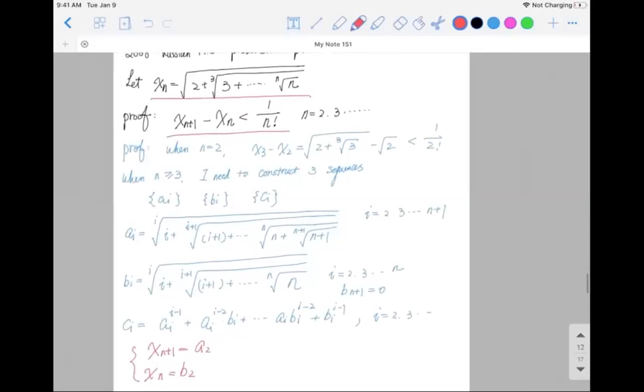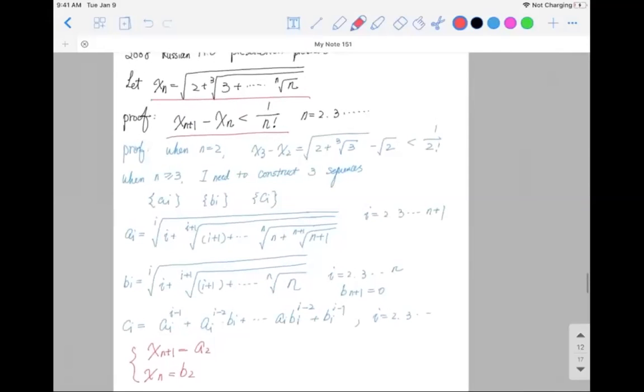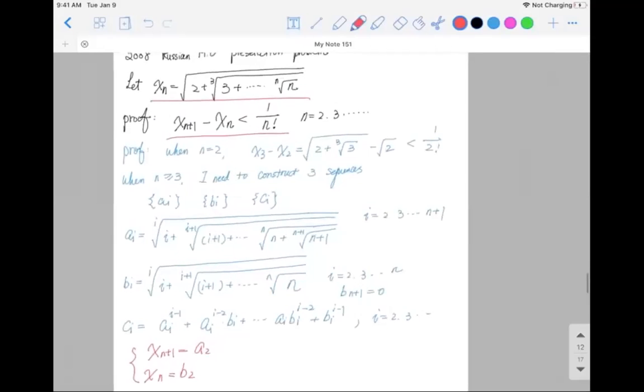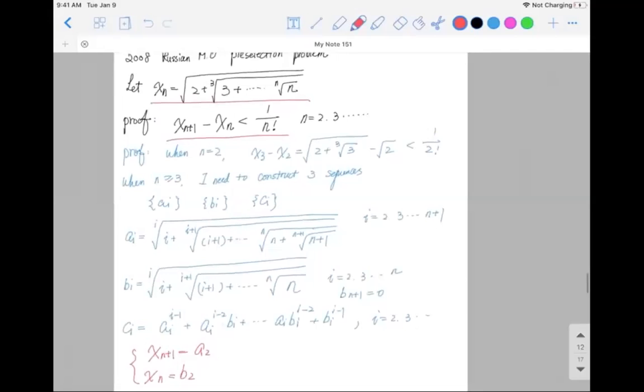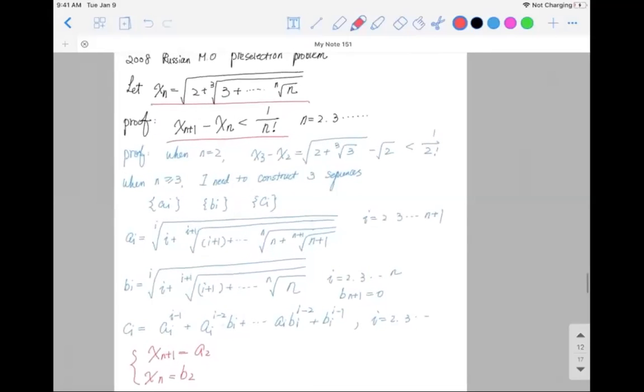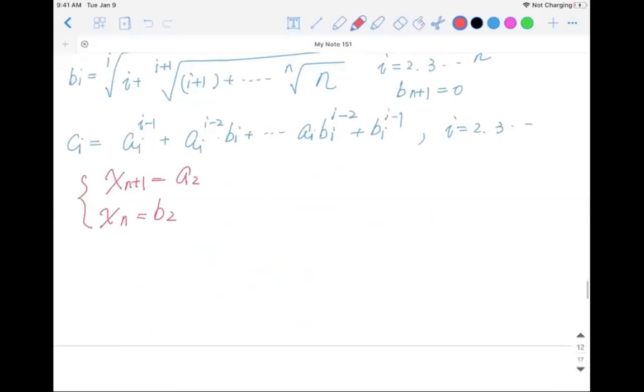So x n plus 1 equals A2. And what about B2? B2 actually equals x n, is it right? If we have x n, you're going to have 2 under root 2 plus under cube 3 all the way to under root n. If we look at the BI expression and change I into 2, you're going to have exactly the same thing. I think this part is quite understandable, right? All right, so let's continue.